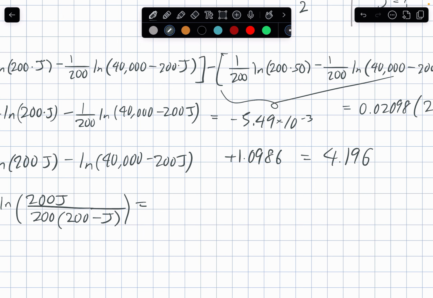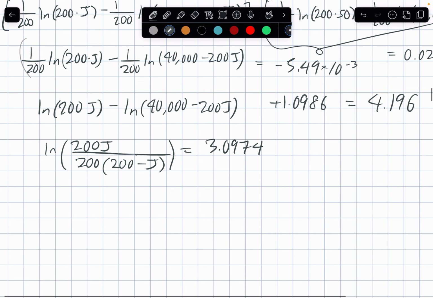What do we get? 1.0986. We have 3.0974. When we apply Euler's number on both sides, this by the way cancels. We have j over 200 minus j equal to e raised to 3.0974.